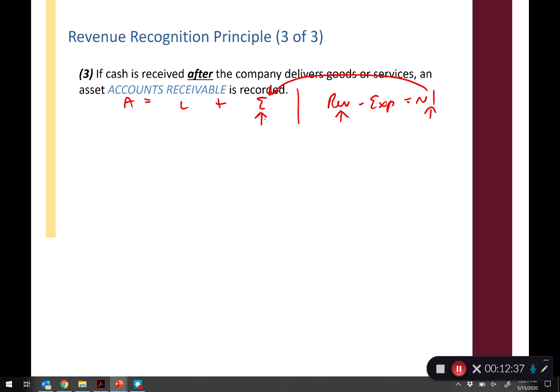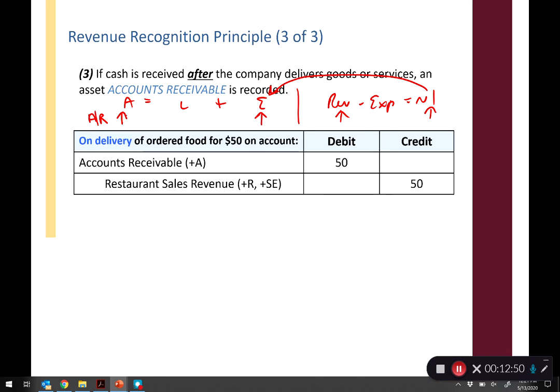But if we didn't receive the money yet, we have an accounts receivable asset that would go up because the customer owes us money, which is a future benefit. To convert that to debits and credits, receivables go up, assets with debits, and again, revenue goes up with a credit.